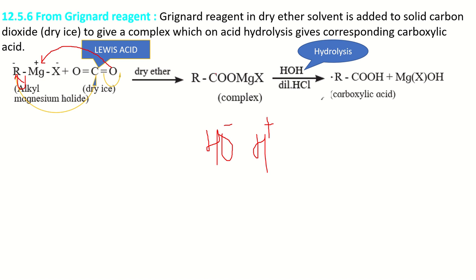Okay, here C double bond O and OMgX. Okay, this part will be separate, and once the OH approach toward the carbon, this part will be separated and approach toward the hydrogen. Hence you will get the magnesium hydroxide halide, and main resulting product is carboxylic acid. I think may be clear to you.